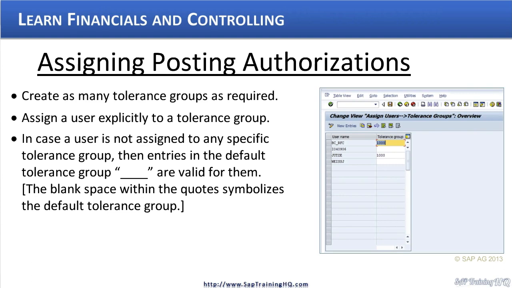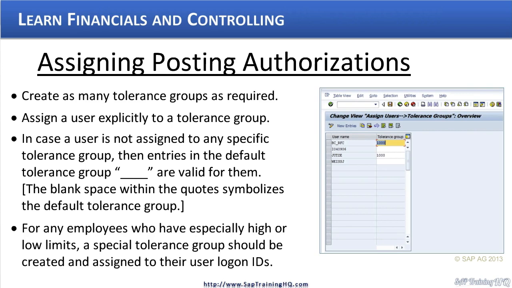Usually the default tolerance group contains values which are valid for the largest number of employees. And for any employees who have especially high or low limits, a special tolerance group should be created and assigned to their own user login IDs.